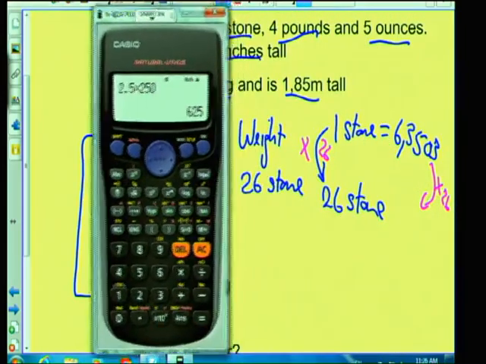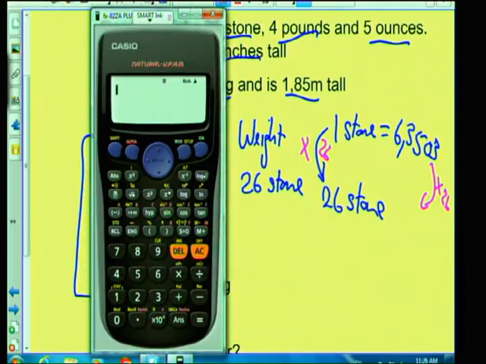Let's take it across here so we can see it. We're going to take 6,3503 multiplied by 26, and we get 165,1078. I'm going to round off to 2 decimal places, 165,12 kilograms.